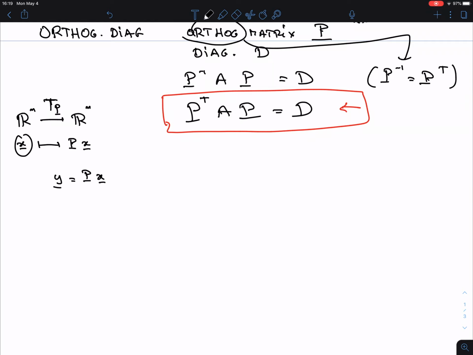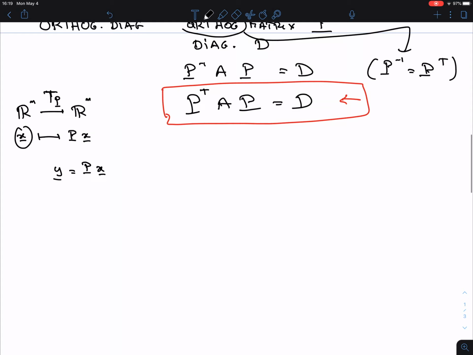Okay, and let's see what happens now. Let's calculate this fellow here. Let me see, I want to follow the way the book does it, because you can do it one way or the opposite way. x is Py. Okay, sorry.